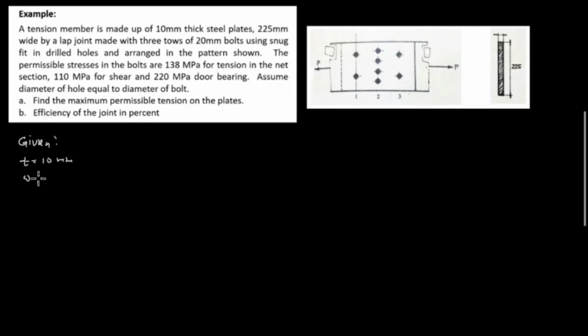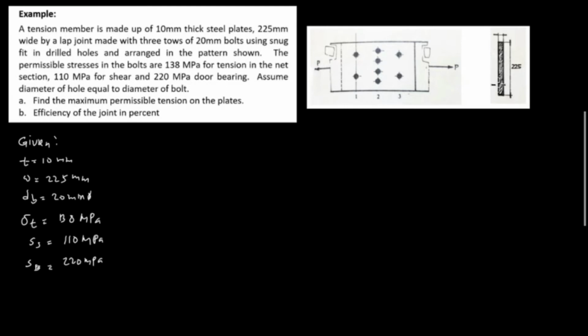Next, the width, which is 225 millimeter, which is the lap joint, and the diameter of the bolt, which is 20 millimeter. The stress for tension is equal to 138 megapascal. The stress for shear is 110 megapascal, and stress for bearing is 220 megapascal.